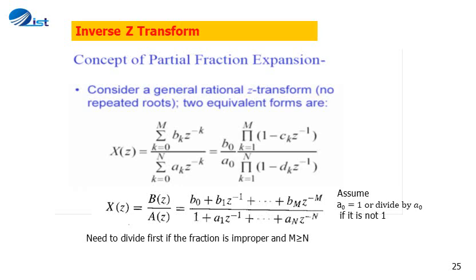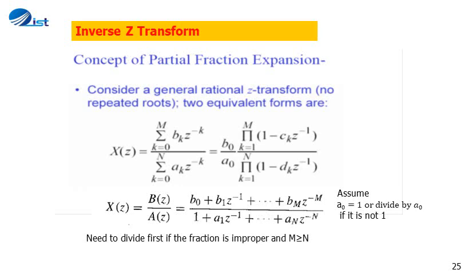We perform the partial fraction expansion for inverse Z transform when we have X of z in the form of a rational Z transform, or in the form of a ratio of two polynomials. As we can see here, there are two ways of writing the polynomials: as summation or as multiplication.